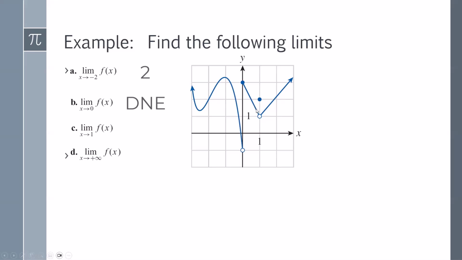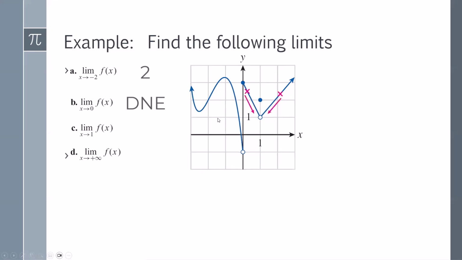We're looking at what happens close to 1. And close to 1, we're pretty close to the y value of 1. So you can see here, as the x values get closer and closer to x equals 1, our y value gets closer and closer to 1, and same on the right.